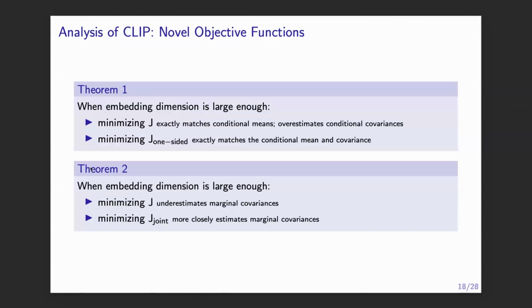Of course, that just matches one of them, not both. On the other hand, if you minimize this joint loss, you can provably get closer to the true variances under your data model.